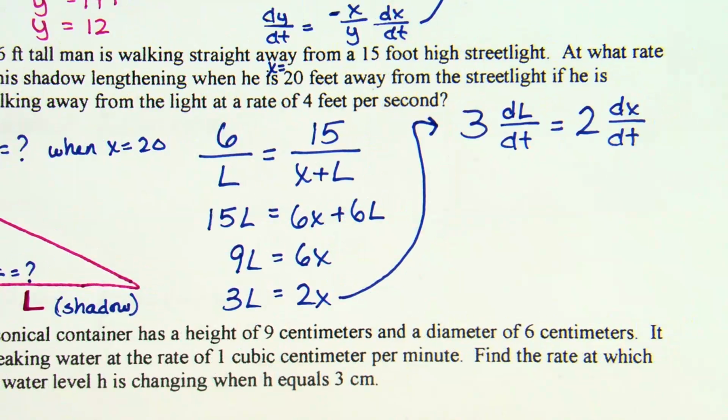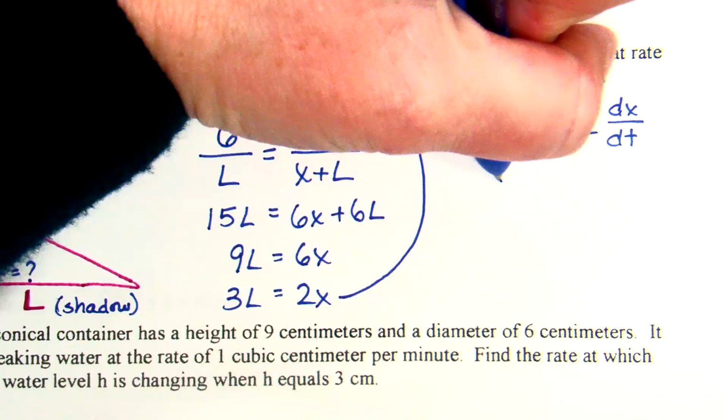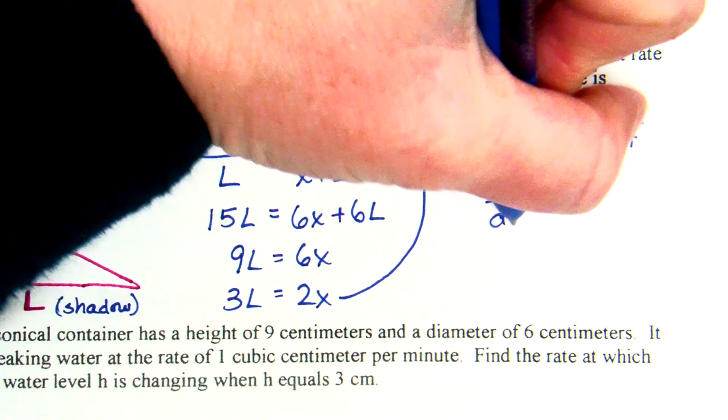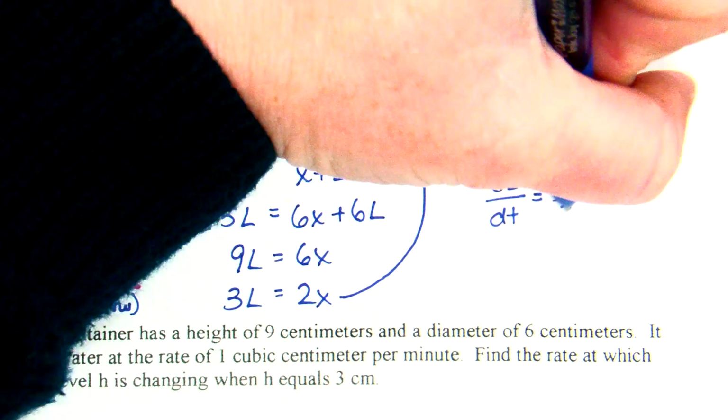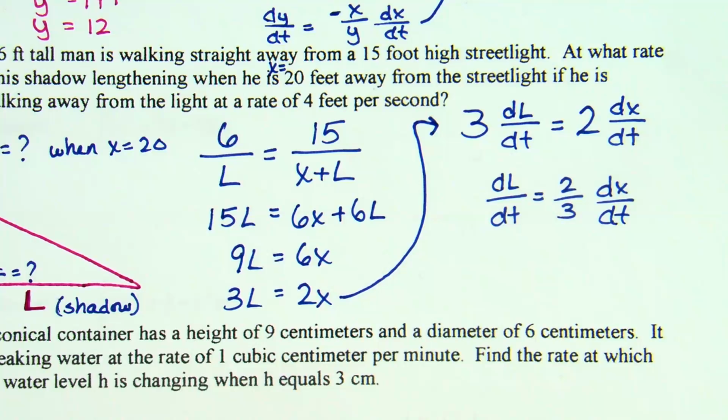Okay, what do we need to solve for? dL/dt. So divide by 3, which makes it 2/3 dx/dt. Officially, we're trying to find this when x equals 20, but my x dropped out, so I don't even have the 20 to plug in.